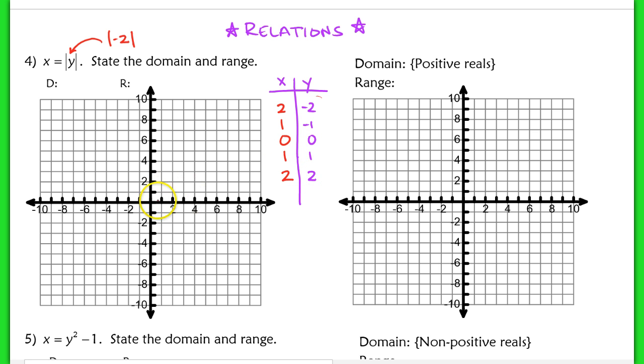So if I go ahead and plot these now, I have (2, -2), (1, -1), (0, 0), (1, 1), and (2, 2). Now remember, I'm not plotting every single point on this particular relation, but I could if I wanted to. I could continue to fill in table values. If I tried -3, I'd get an x output of 3. So I know this is going to continue in this pattern.